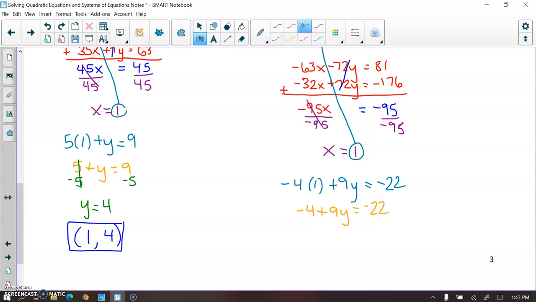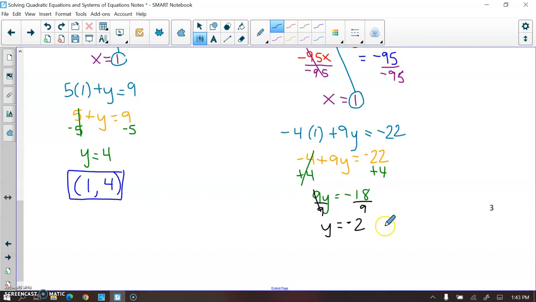Then I'm going to add that 4 over. And lastly, I'm going to divide by 9 on both sides to get y is equal to negative 2. Writing my answer as an ordered pair, my x value is 1, my y value is negative 2. All right, this was your review of solving systems of equations.